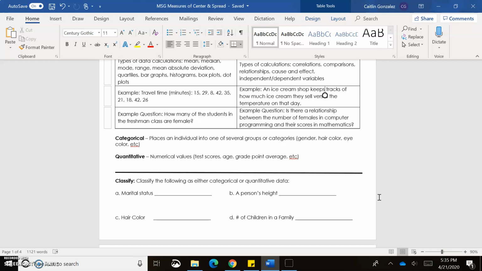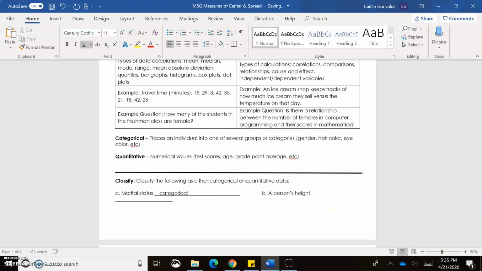So let's look at a couple examples here. Classify the following as either categorical or quantitative data. So marital status, that's going to be married, single, divorced, widowed, that type of thing. Those are going to be categorical because we're categorizing. And again, think about, can I actually take the mean of this?